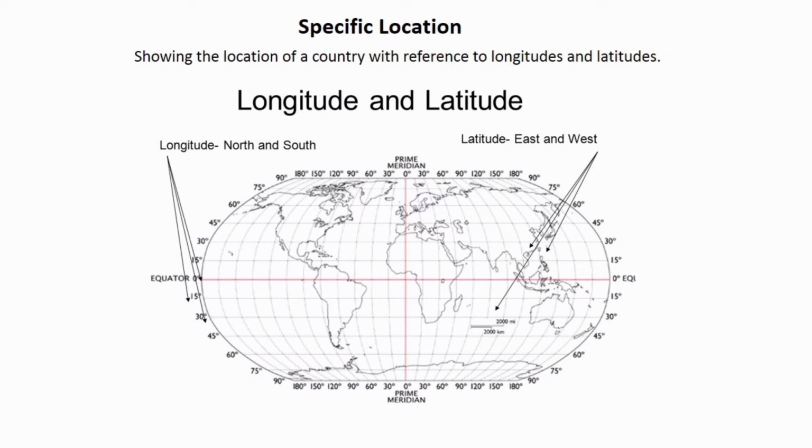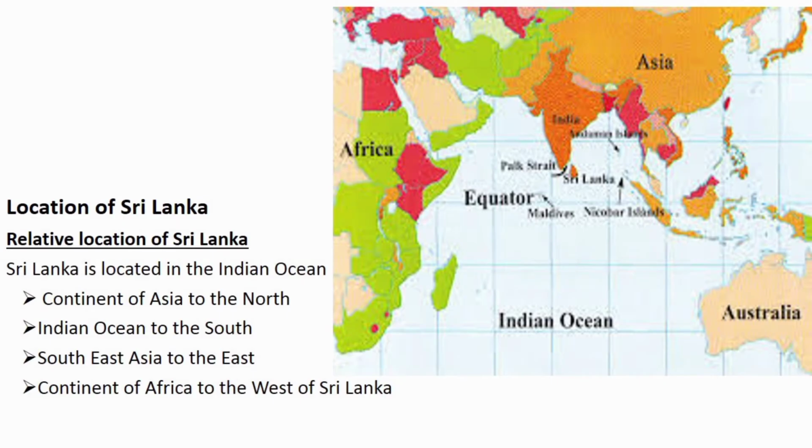Latitudes are the imaginary lines which are drawn from east to west on the model of globe. So using these longitudes and latitudes, we can explain about the location of any place. This is a scientific method.